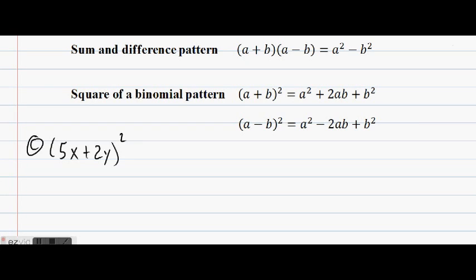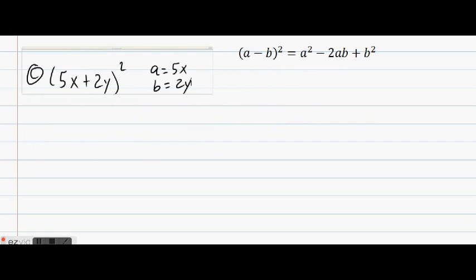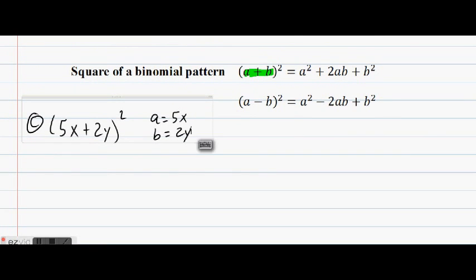I hope you had some success. I see the plus, so I know it's going to be the square of a binomial pattern, so it's going to be this one. A is equal to 5x, b is equal to 2y. Now I'm just going to start writing the pattern out.